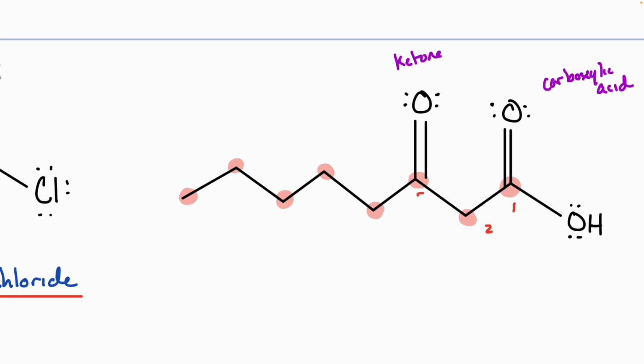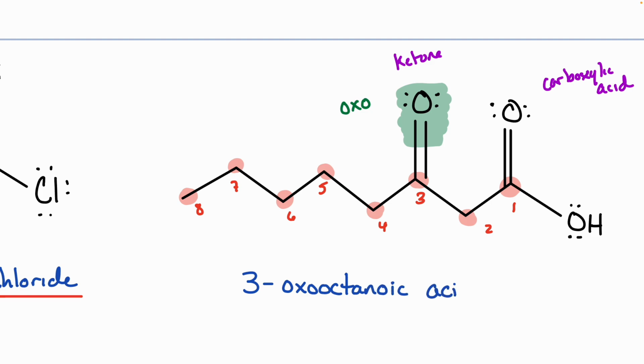We're going to number starting at that carboxylic acid carbonyl carbon. And because that ketone is our lower priority functional group, we don't consider it a functional group anymore. We've demoted it to a substituent or an oxo group. So this would be 3-oxo octanoic acid.